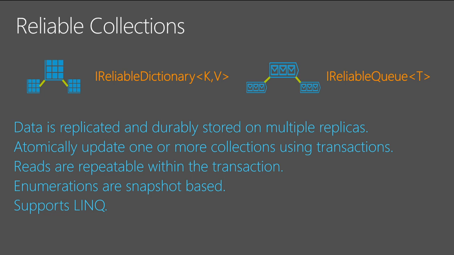Reliable collections support atomic transactional operations that can span multiple collections. So for example, with the reliable queue and the reliable dictionary, you can pop an item off of the queue, do some processing on it, and then store it in a reliable dictionary.